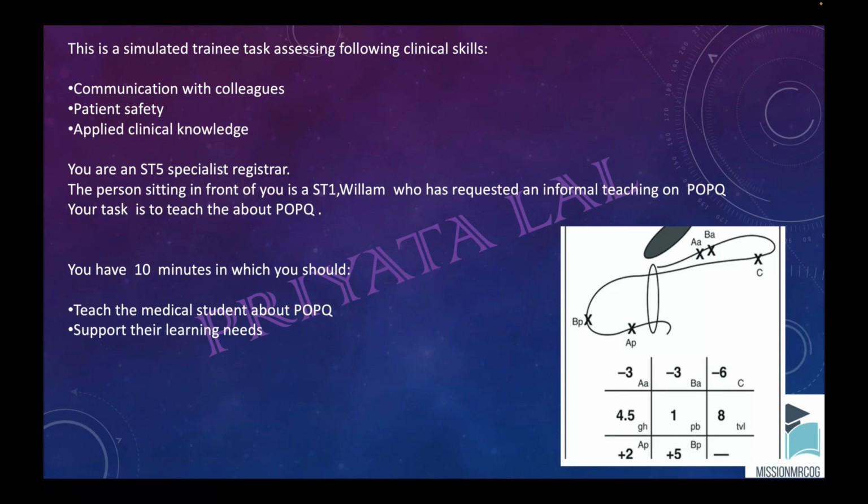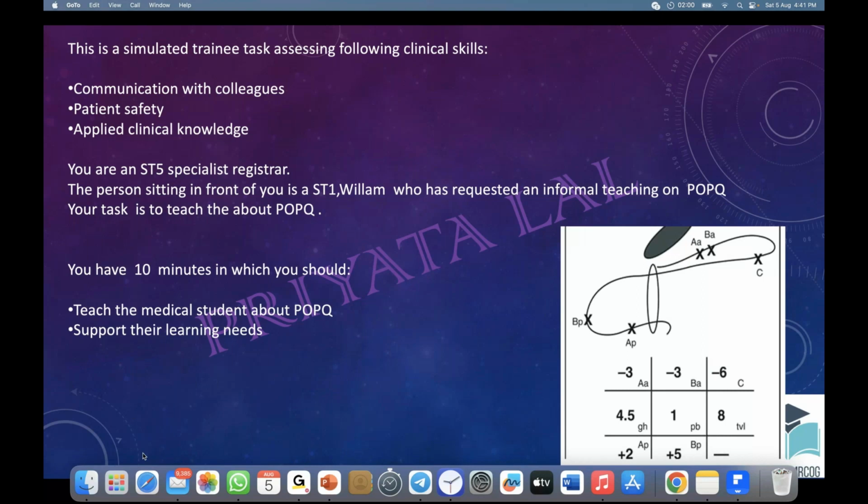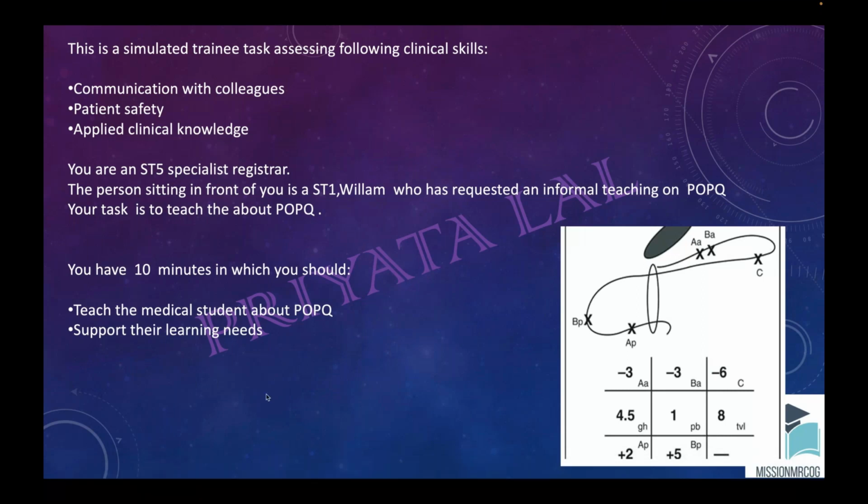Then 1 is the perineal body, from the posterior midline of the hymen to the middle of the anal region. The next one is 8 centimeters. That is the TVL, total vaginal length. Can you tell me what TVL is? Total vaginal length. Ah, you're a fast learner.